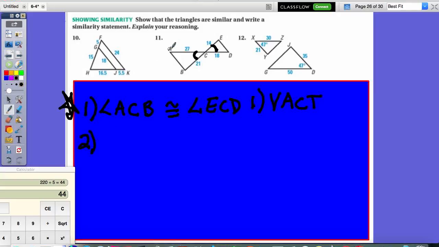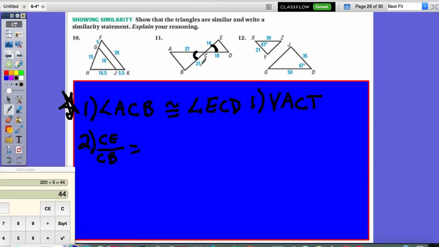Now, 2 sets of corresponding sides. It's sometimes difficult to tell which one is going to correspond with what. So what I suggest you do is the shorter one that's labeled here, which is CE, is going to correspond to the shorter labeled side here.